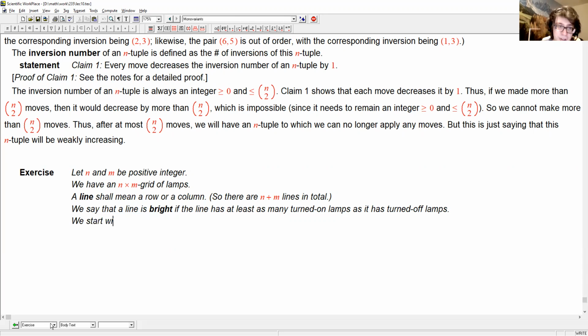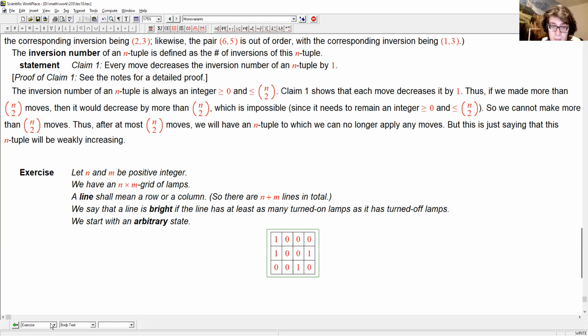We start with an arbitrary state. Unlike the previous lamp exercise where we started with all lamps being off, this time we start with something. For example, this state. This is n equals 3 and m equals 4.